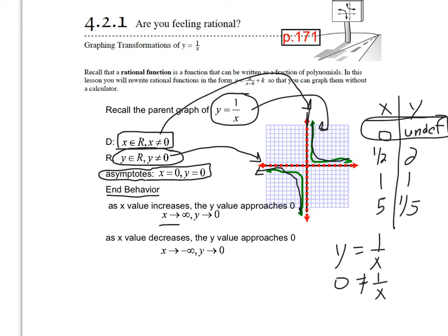As x gets larger in a positive sense, in other words, as x is going from 0 to 1/2 to 1 to 5, that y value keeps getting smaller and smaller. It's going to go towards 0, but doesn't quite ever get there. And as x goes in a negative direction, as x goes from 0 to negative 1/2, negative 1, negative 5, y is also going to go to 0.